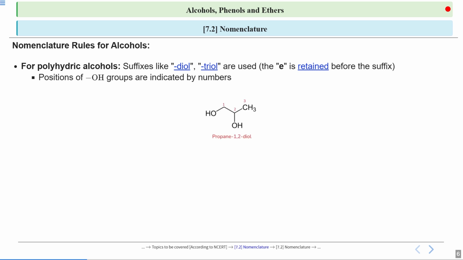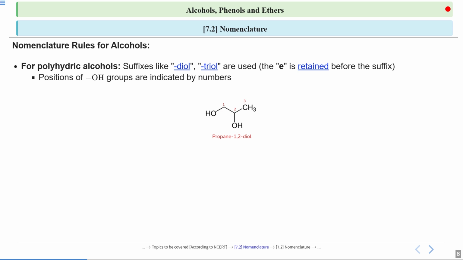You can see this example of propane 1,2-diol. The 1 and 2 are the numbers depicting the positions of OH groups in this alcohol. So the name will be propane 1,2-diol.